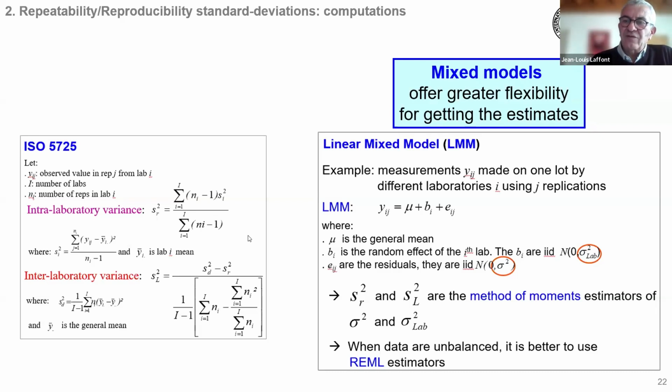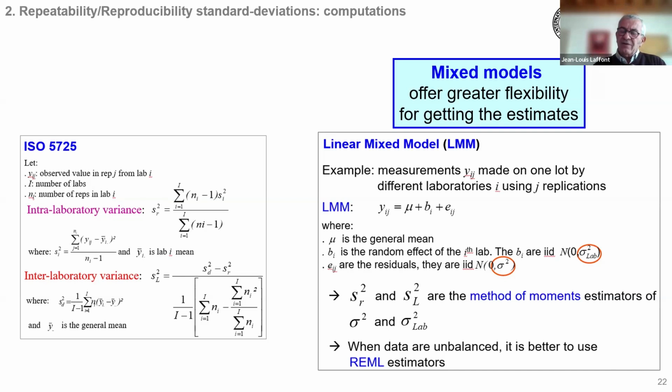The benefit of using a mixed model is that it can work on unbalanced data sets, that is, data sets with missing values, and you can still estimate correctly the repeatability and the reproducibility standard deviation.